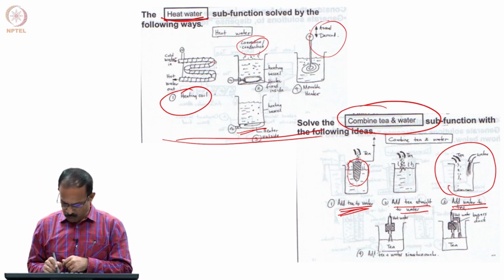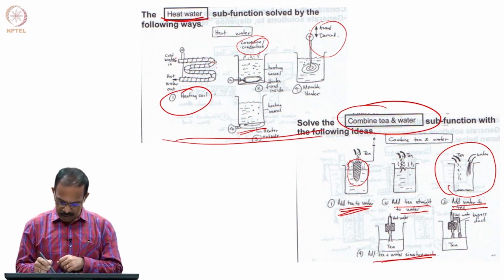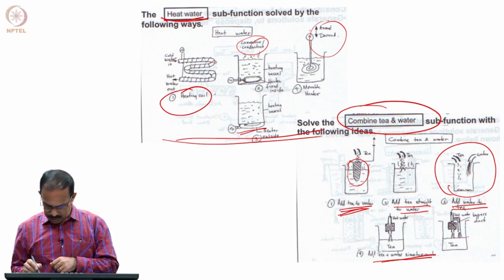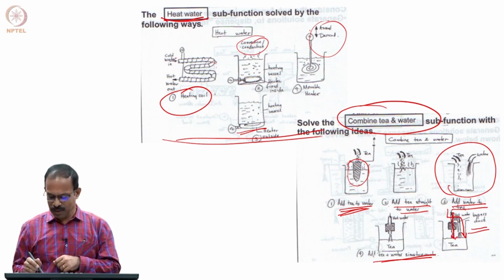Or you can have water passing through the tea container or a tea sieve, and you get the tea here. And here, hot water bypasses the duct. So, you can have one path for the hot water like this, and one small quantity of water passing through the tea sieve, and then you will get tea also.